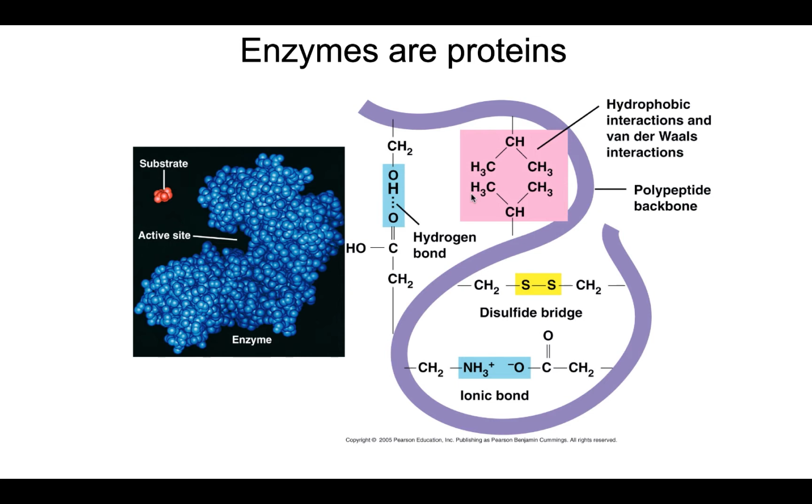And the proper folding of the protein is what gives it its proper function, the ability to bind a very specific substrate, catalyze the reaction, converting that substrate into a product. Now, because enzymes are dependent on all of these weak interactions, anything that disrupts those interactions will disrupt the structure of the protein and therefore the function of the protein.